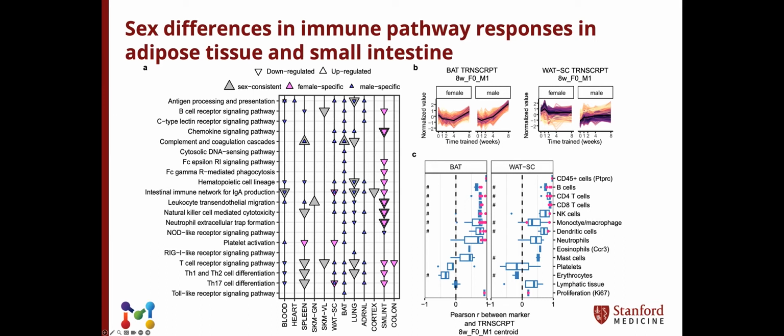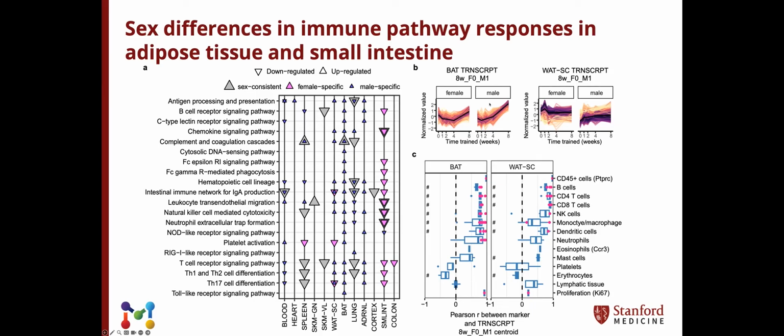We also saw in the small intestine downregulation of a lot of pathways that was primarily specific to the female animals, so female rats. And so a lot of different immune regulation differences between the sexes.